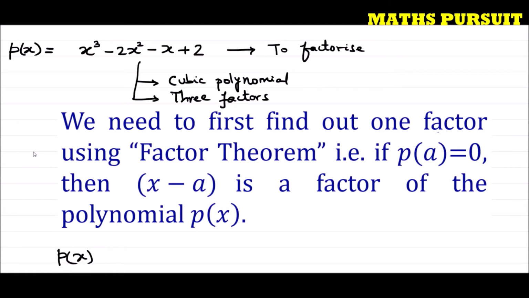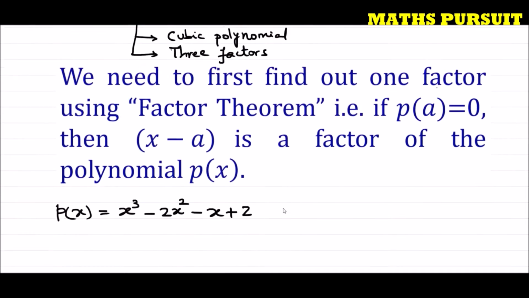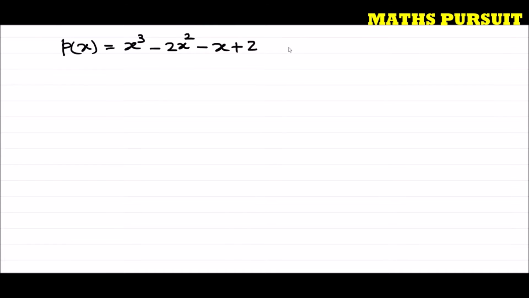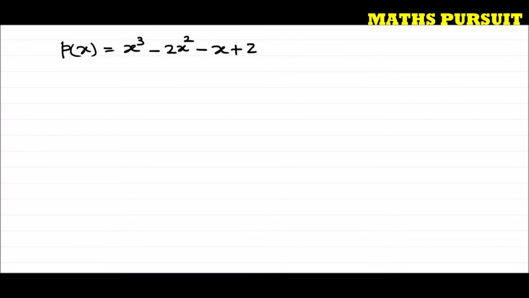We have the polynomial p(x) is equal to x to the power 3 minus 2x to the power 2 minus x plus 2. The question has given us this polynomial. Now, our focus here is to find one factor. How to find it?